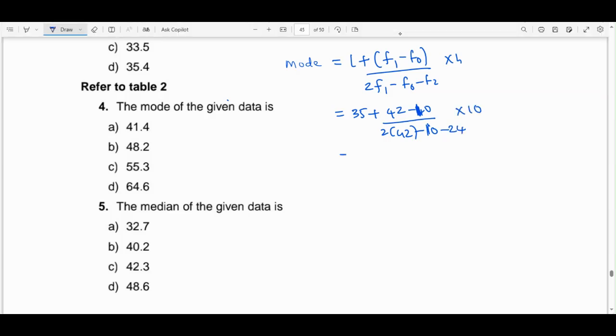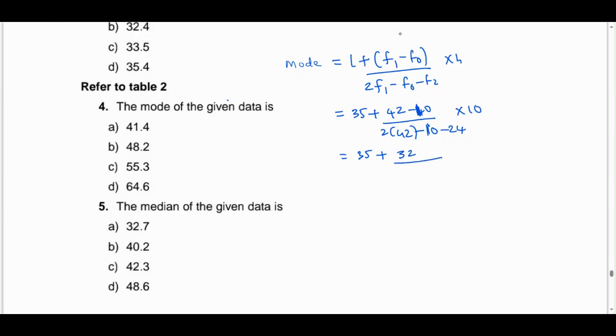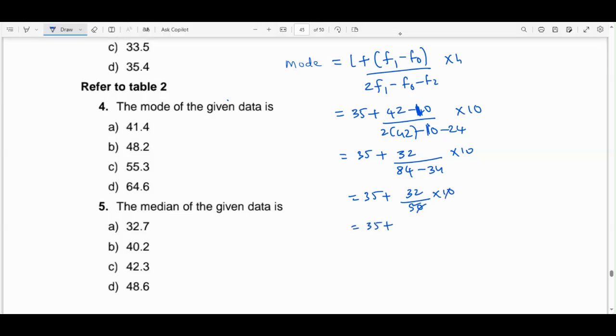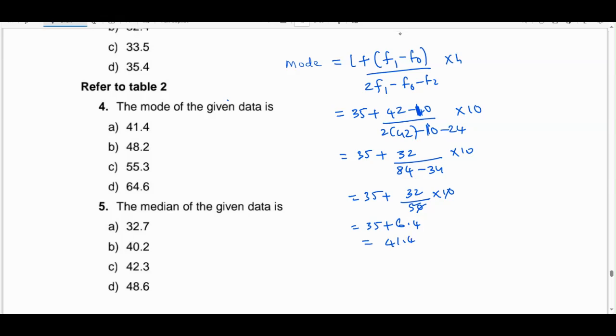So it will be 35 plus 42 minus 10 is 32, divided by 84 minus 10 minus 24 is 50, into 10. So 0 and 0 cancel. You get 35 plus 32 by 5 is 6.4. So when you add these two, you get 41.4. So the mode is 41.4 for table 2.